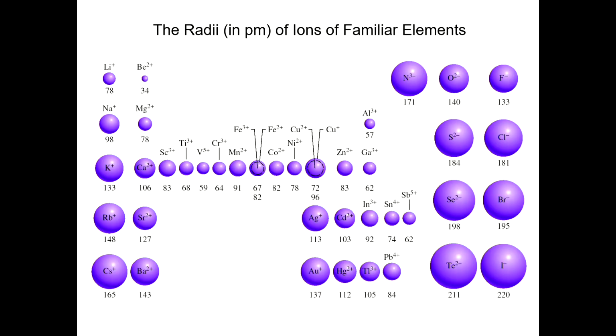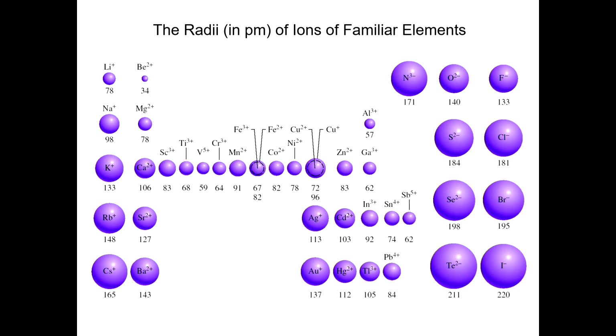Okay. So here we can see the radius of the ions. For example, for these cations, their size is like this. And for anions, the size is like this. So from here we can see the anions are basically larger than the cations, right? And if they are neutral, which one is larger?